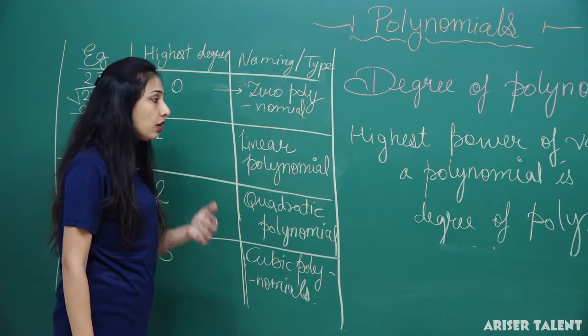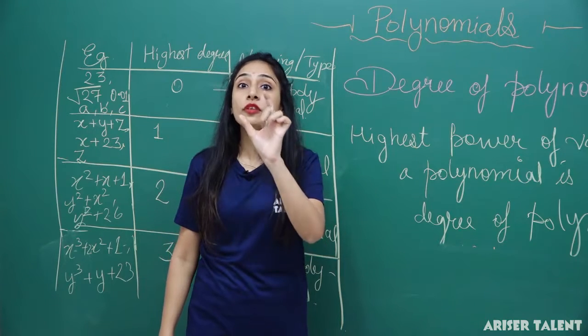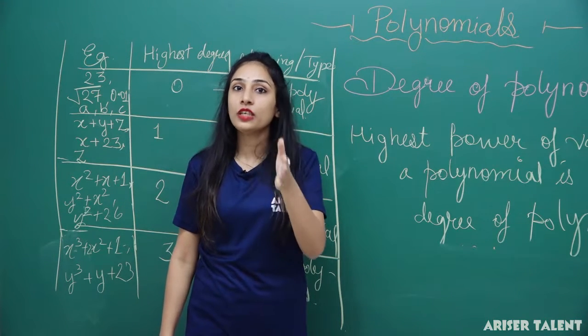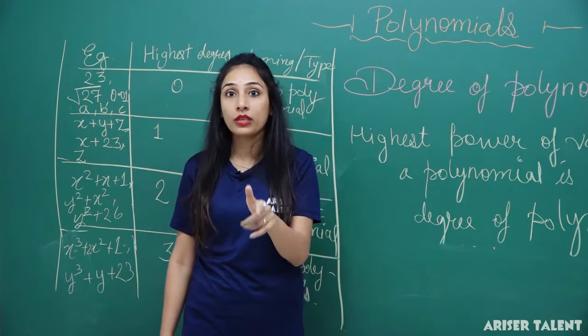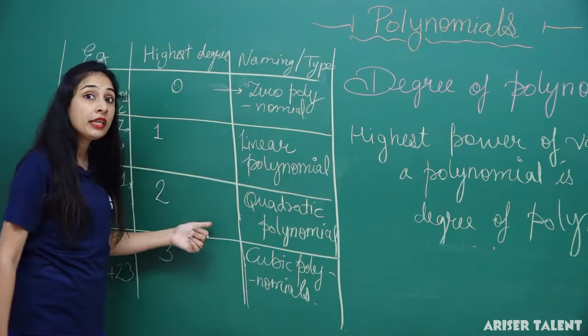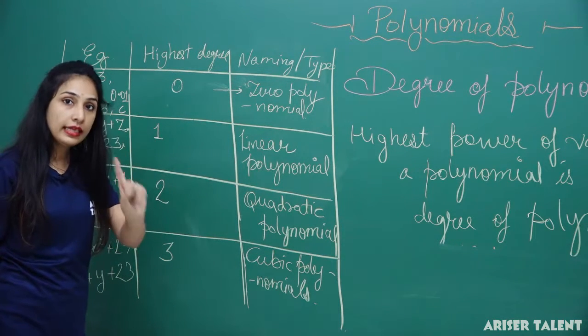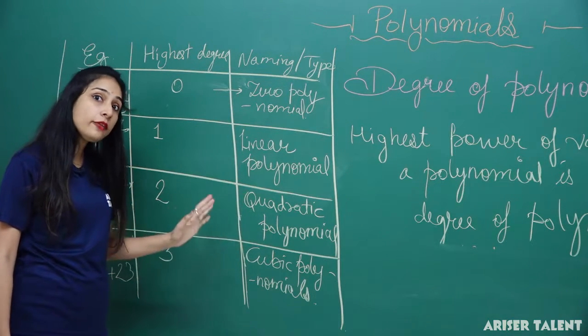The previous polynomial we have classified them on the basis of terms. First we classified polynomials on the basis of terms, monomial, binomial and trinomial. In this situation we classified them with respect to their degrees, the highest power, that will be zero polynomial, linear polynomial, quadratic polynomial and cubic polynomial.